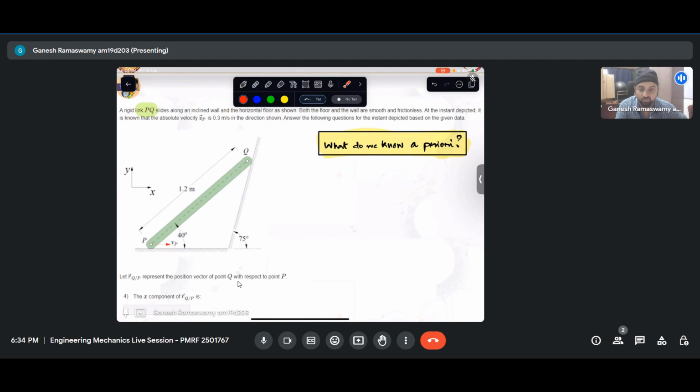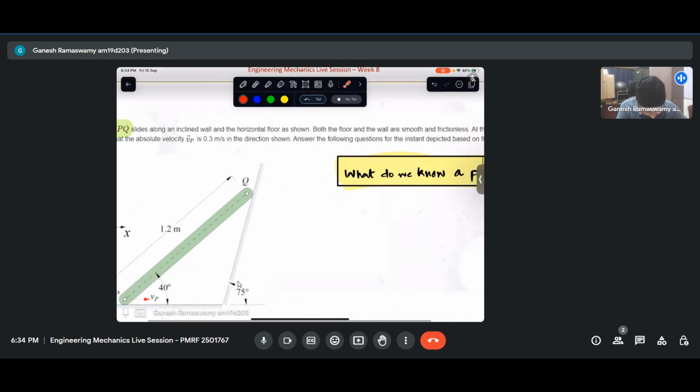Nothing of that sort has been specified. We know the velocity of point P is like that. Now, by virtue of that not having lost the contact, we know that the velocity of point Q has to be upward and it has to be parallel to this wall only.